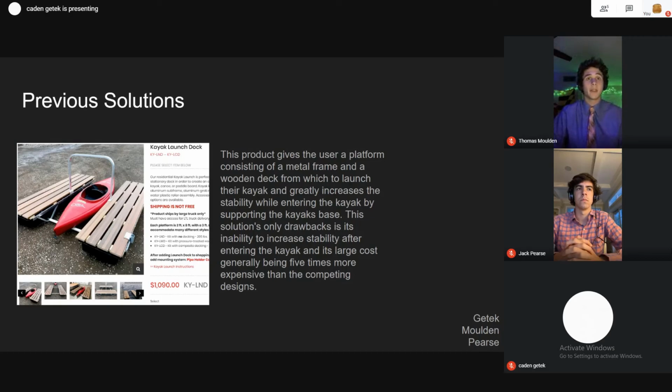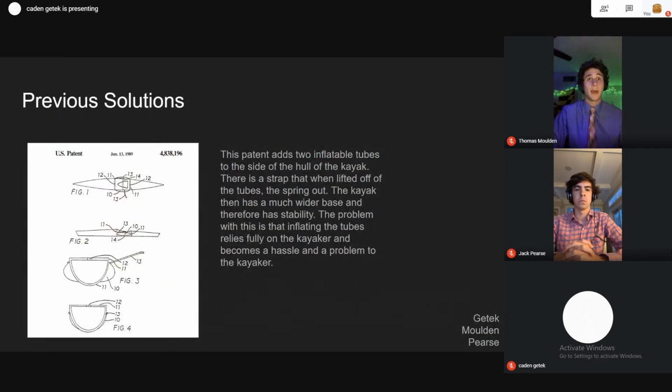Although it was good at getting people in and out and providing some stability, it proved to be really costly and could only be used when people were entering the water, like on a shoreline. Then we also looked at patents. This patent would use inflatable tubes on the side, but it would rely on the kayaker to blow up the tubes, and it proved to be ineffective in a lot of different scenarios.